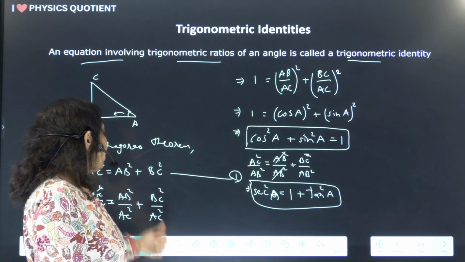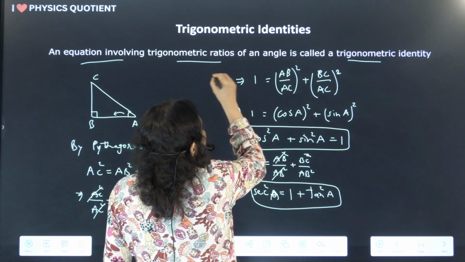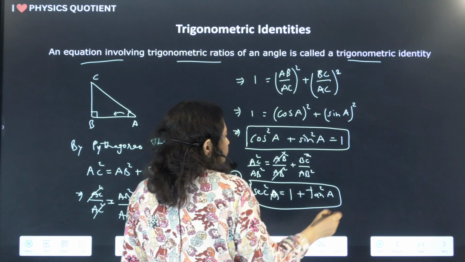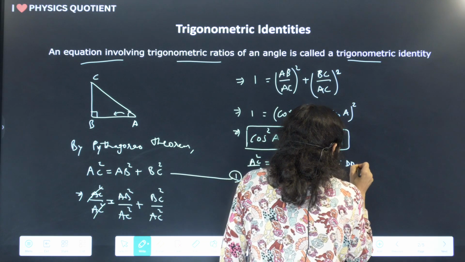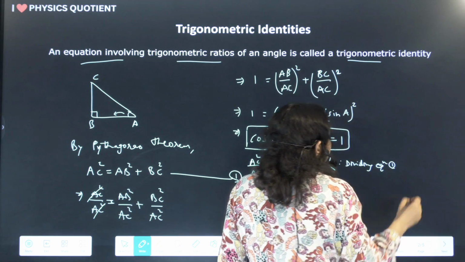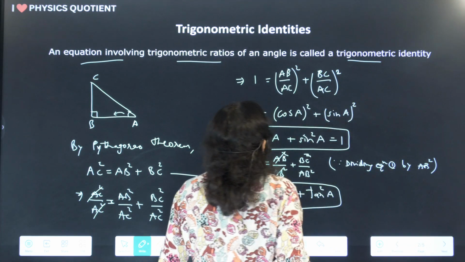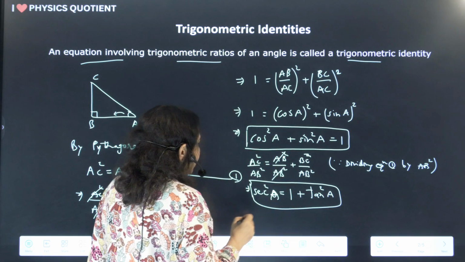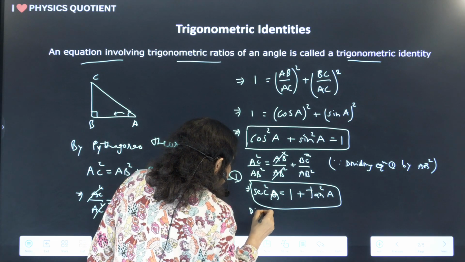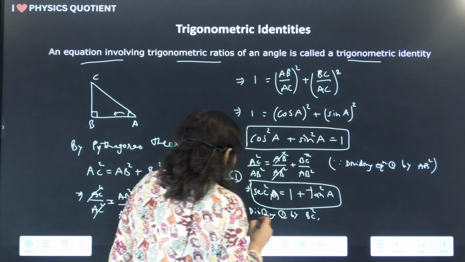And now we will divide equation 1 by BC square. What will we get?